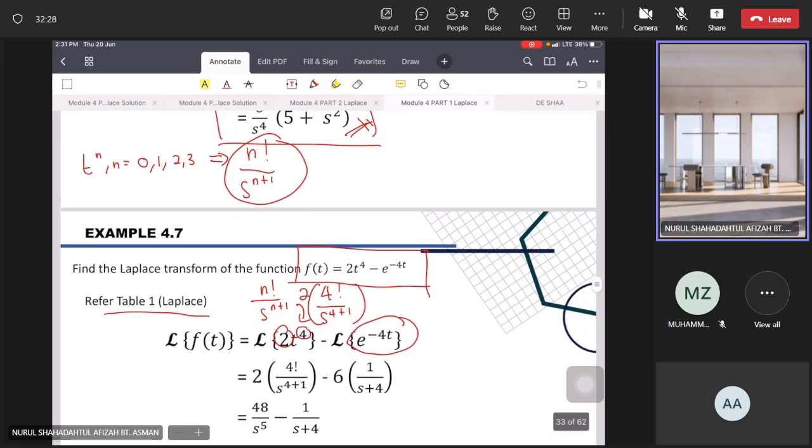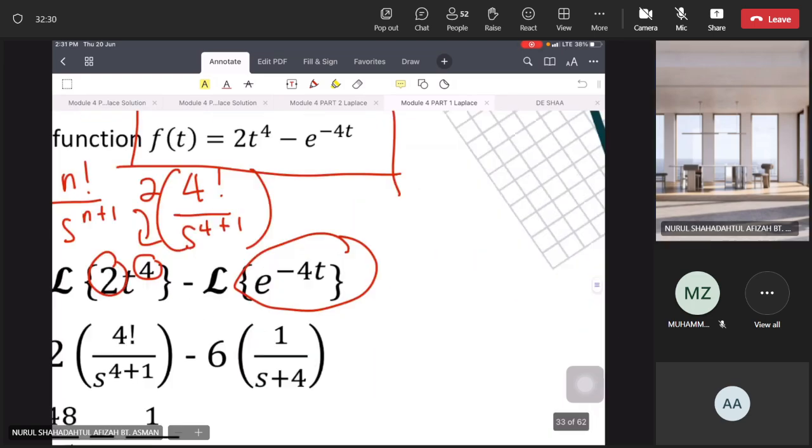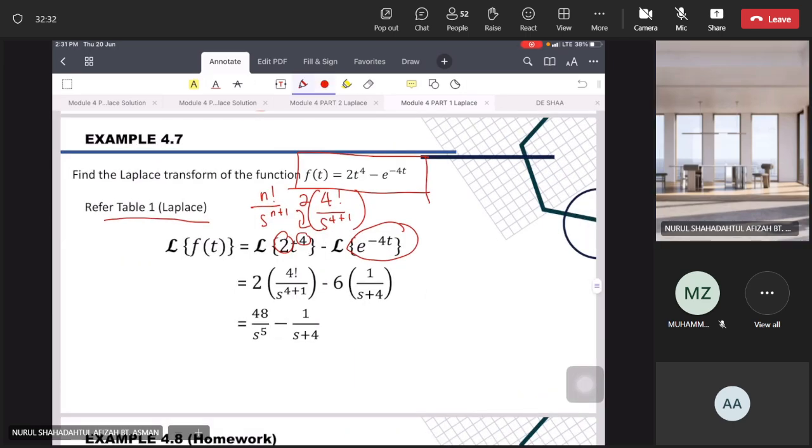So the function from the table of Laplace, we have if the function is e to the AT, and then you have the Laplace one is 1 over s minus a.